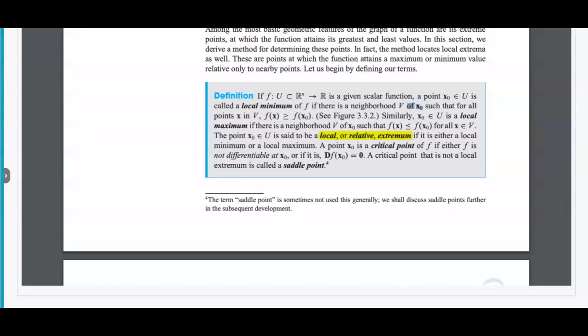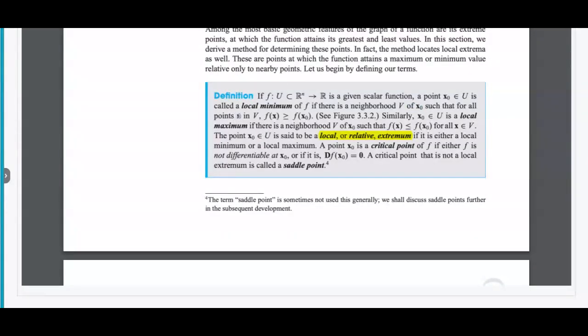Think about x naught as a center of a neighborhood, so all the points are very close to it. Think about x naught as the square root of 4, which is 2, right? Think about the square root of 3.9, the square root of 4.01.